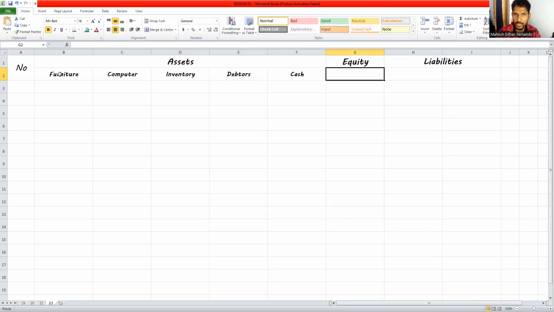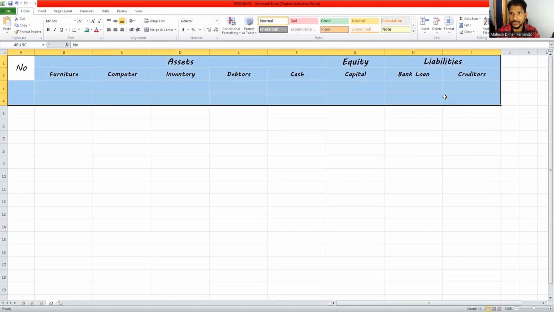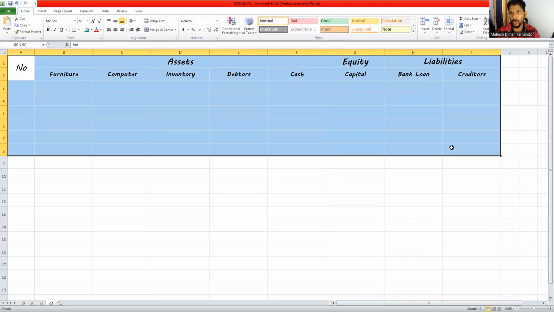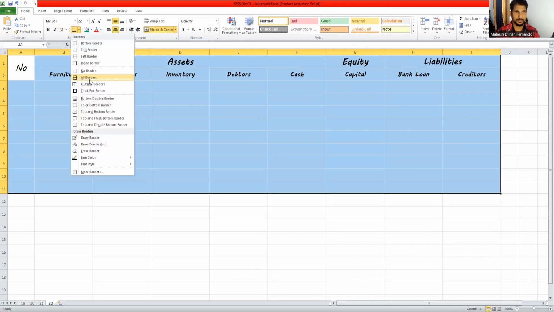So practice it. And we have equity, that is capital. And liabilities we have bank loan and creditors. Right, creditors. Again, we have 10 transactions, and one column to record the total.